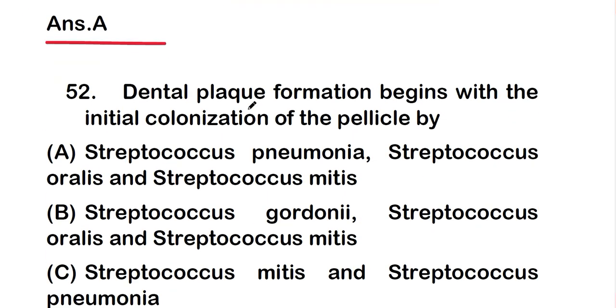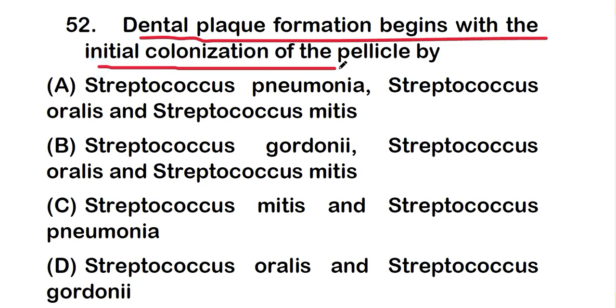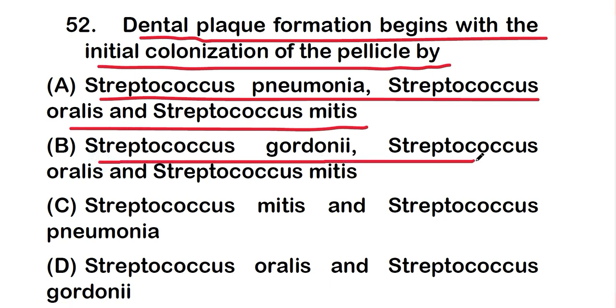So next question, number 52. The question is, dental plaque formation begins with the initial colonization of the pellicle by option A, Streptococcus pneumoniae, Streptococcus oralis, and Streptococcus mitis. Option B, Streptococcus gordonii, Streptococcus oralis, and Streptococcus mitis.